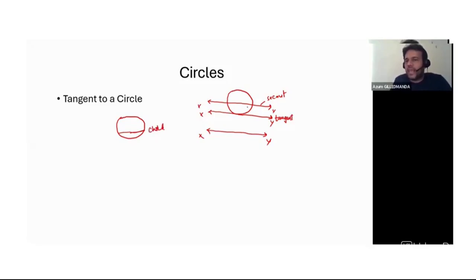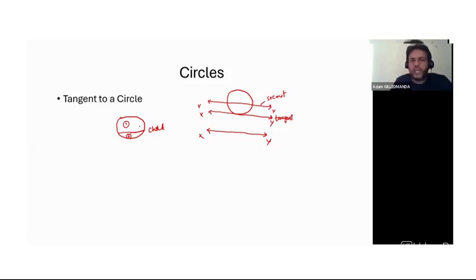A secant is a line that can extend beyond the circle, but a chord touches the circle at two points, and that line resides within the circle. So a chord can divide the circle into two segments. This is the first segment and this is the second segment.